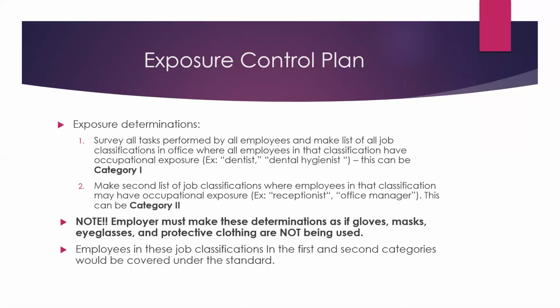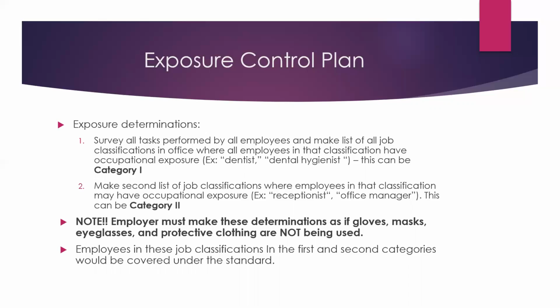But then there's a second list of job classifications, and in that class, they may have occupational exposure, okay? And that's the receptionist, office manager, and that could be labeled as category 2. So in category 1, they could have occupational exposure, and in category 2, for example, they might have an occupational exposure. The employer must make these determinations as if gloves, masks, eyeglasses, and protective clothing are not being used.